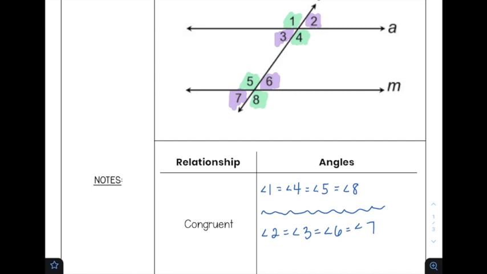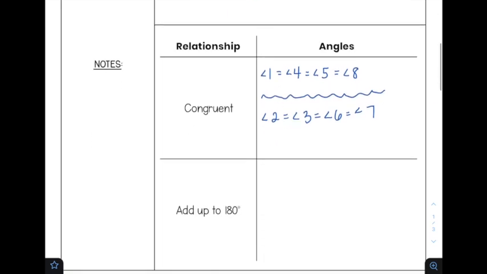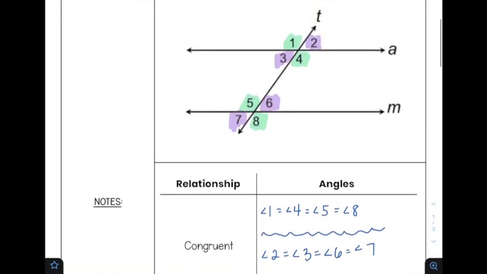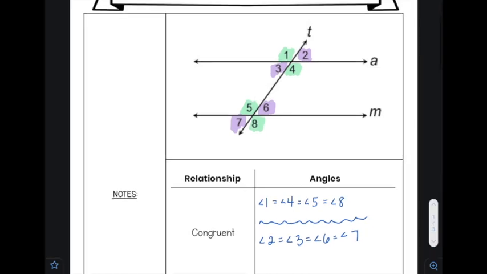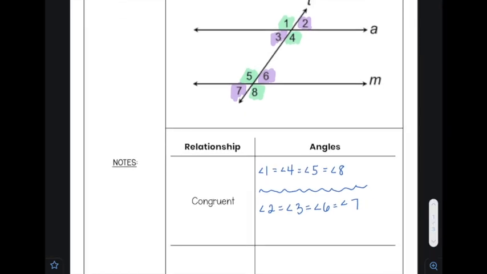Now thinking about the relationship of adding up to 180, we're thinking about supplementary angles, so things that are creating a line. So 1 and 2 can be considered supplementary, 3 and 1, 2 and 4, and then also 3 and 4. So all those would be considered supplementary angles.